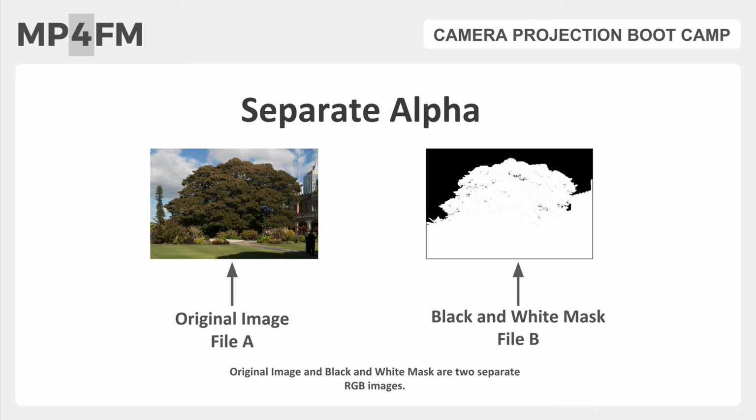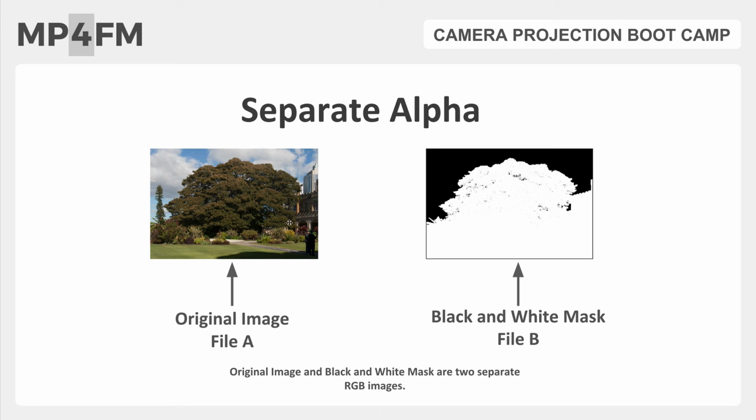The third way to deal with alpha channels is to have a completely separate file that is your alpha channel, or will be used as your alpha channel. So the idea is that you have one file that's your original image, and then you have a second file that is the mask. And when I say mask, this image here is still an RGB image.